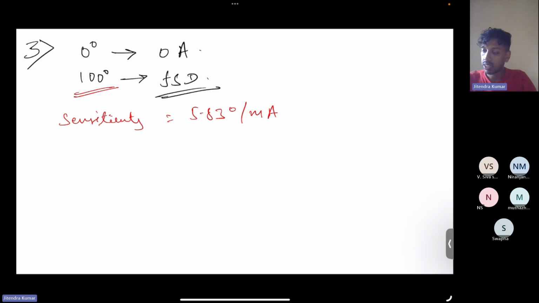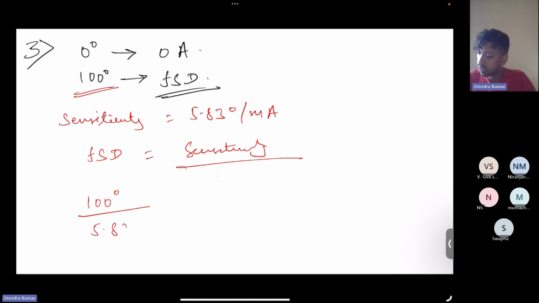So the full scale deflection will be 100 degree divided by sensitivity, 5.83 degree per milliampere.